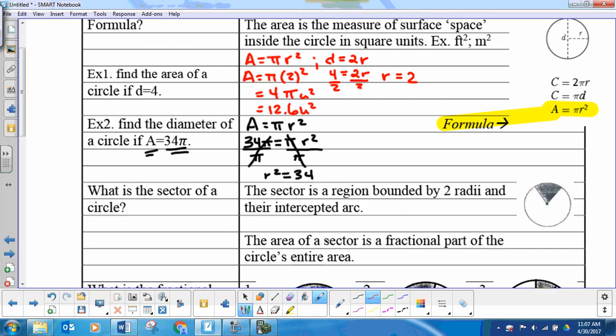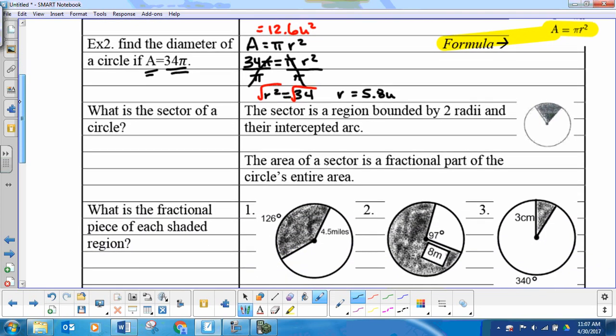Now it's just a matter of taking the square root of both sides to get my happy little r by himself, and I end up with r equal to 5.8, and again we're back into just straight-up units because I don't have any specific dimensions. All right, so that's important. We're going back and forth, and throughout the SOL, sometimes they're going to straight-up ask you for the area of something or the circumference of something, and sometimes you have to backtrack.